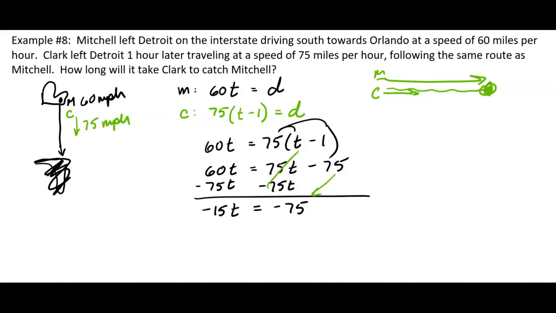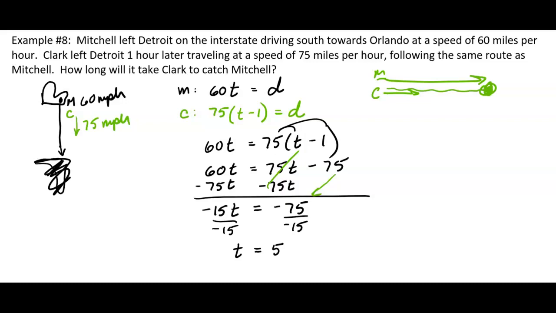These canceled out. Divide by negative 15. And so the time is going to be, well, how many times does 15 go into 75? 5 times. Double check my math. Yeah, it's positive. Negative divided by negative is positive. So looks like we have 5 hours.